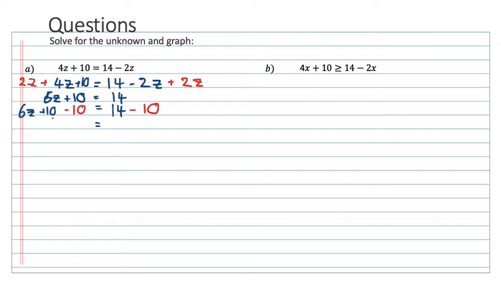Then this positive 10, this negative 10, they're going to cancel out. So what I'm left with is 6z. And then on the right hand side, 14 take 10, that's going to be 4.